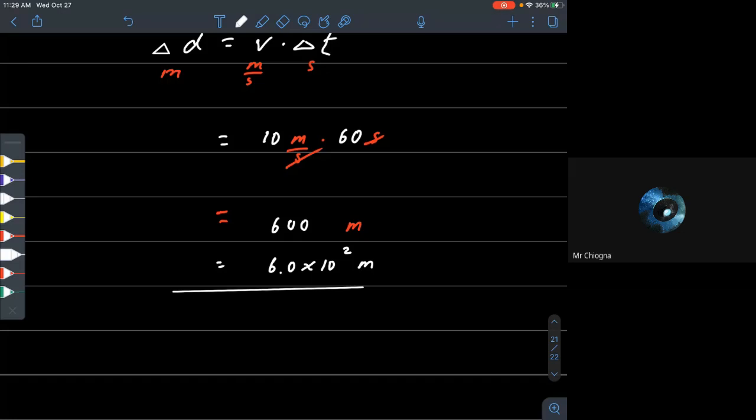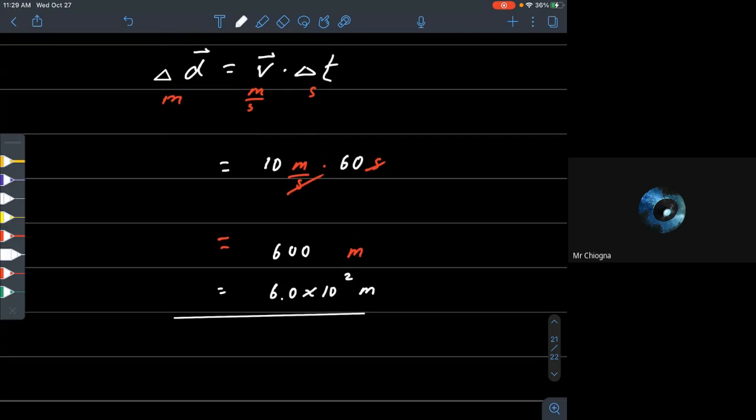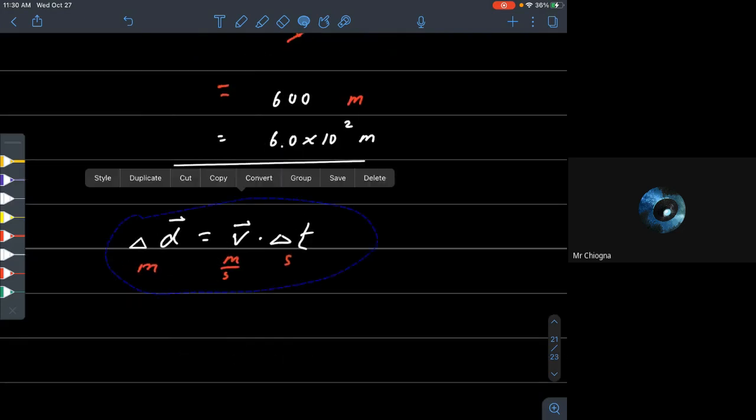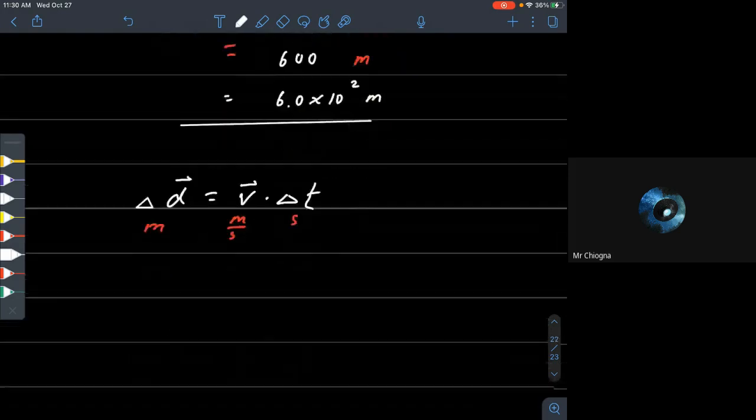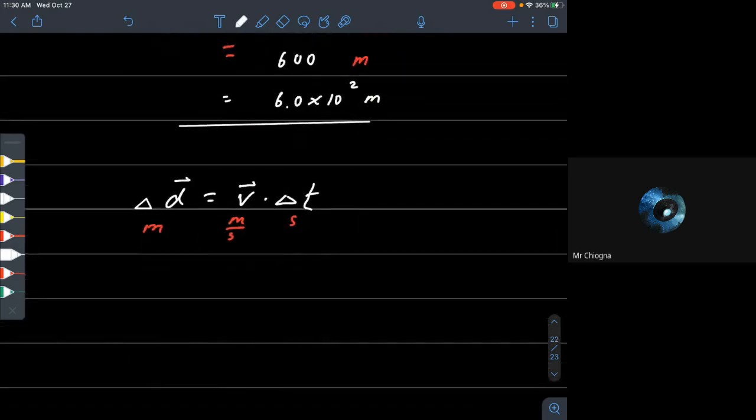Okay, next is 1 second. Usually we don't do this many calculations with different times, so I'm just copying the formula out. Now that you know what happens to the unit, I'm not going to include the unit till the end. It's up to you. You can cancel units out, but you have to have at least a unit in the end. That has to be included because it's a measurement.